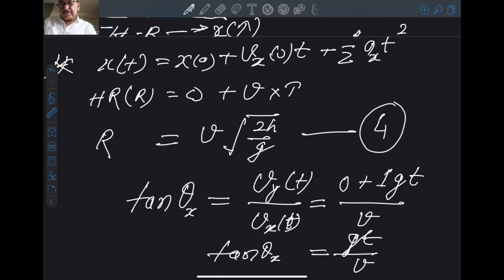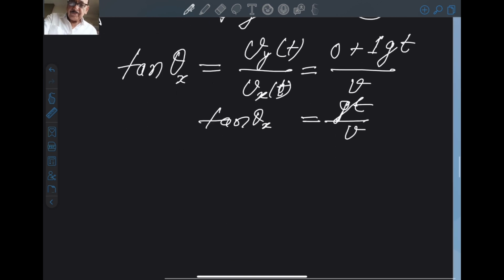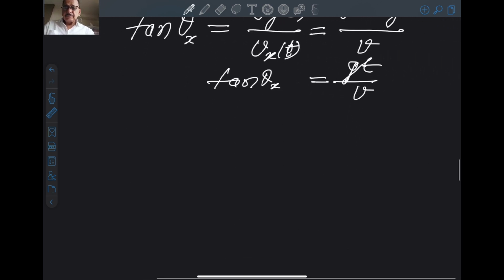The second thing is the energy concept. What is the velocity when the particle reaches the ground? There are two ways.